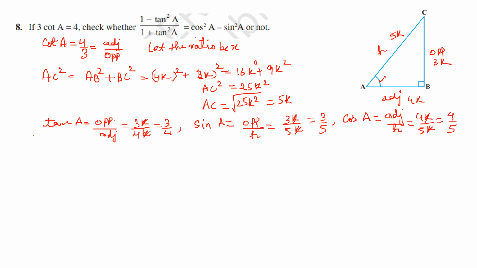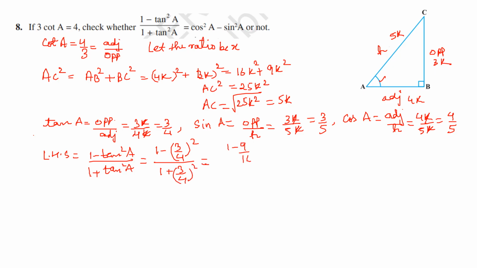Now you have to take the LHS. So LHS is 1 minus tan square A by 1 plus tan square A. Now 1 minus tan square A means 1 minus 3 by 4 whole square by 1 plus 3 by 4 whole square. So it is 1 minus 9 by 16 by 1 plus 9 by 16.